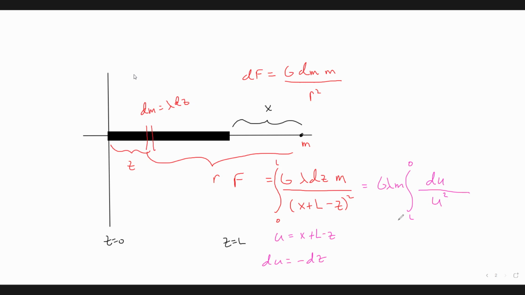Only it's not L to 0. We have to go back and substitute for u. If z is equal to L, then u is equal to x, exactly. And if z is equal to 0, then this limit here becomes x plus L. Okay.